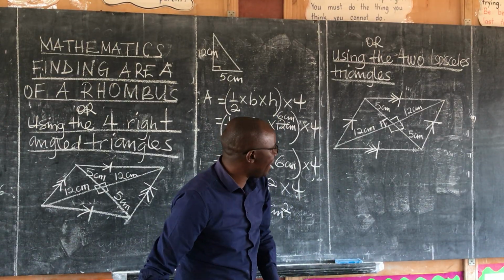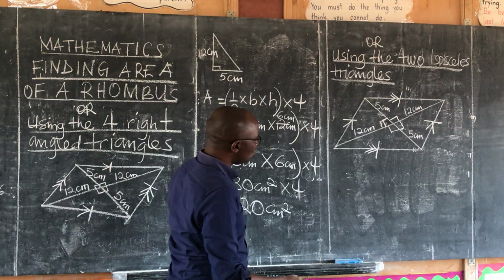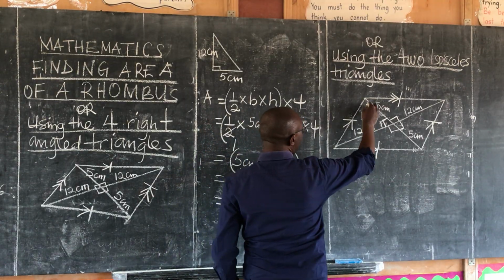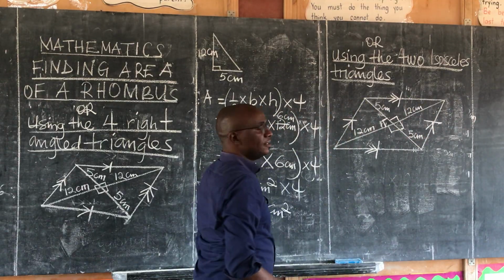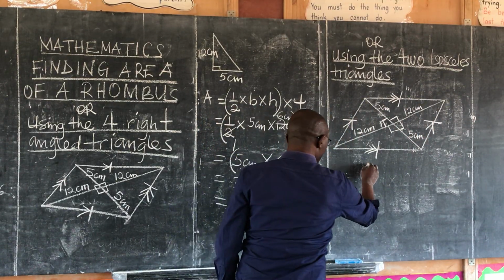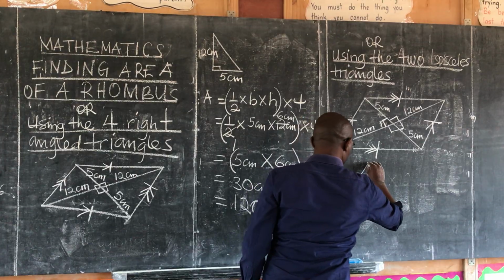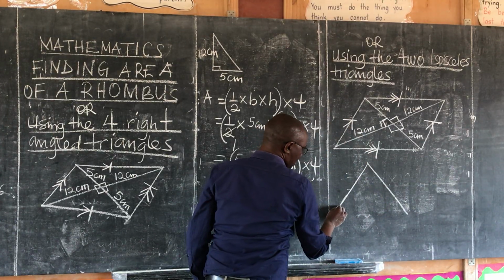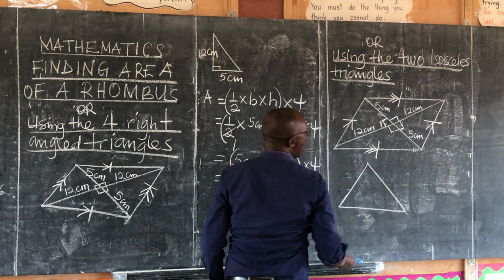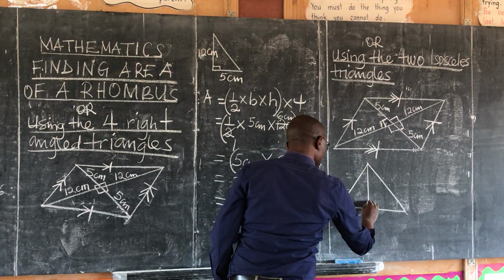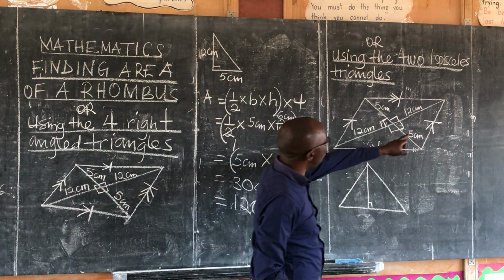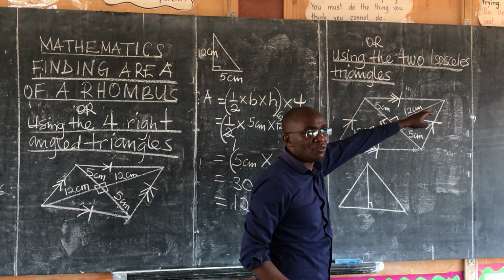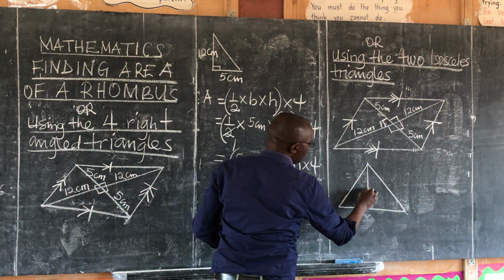Now what I do, I extract one isosceles triangle. I'm extracting this one. I extract it and draw it here. That is the isosceles triangle I've extracted. The height is 12. The height of that isosceles triangle is 12 centimeters.